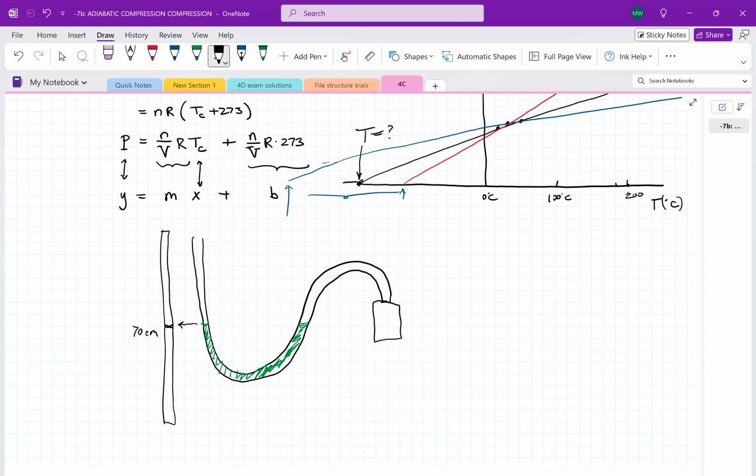Now I'm going to take everything with respect to that measurement, so that if I then dip the canister into a cup of, say, warmer water, what's going to happen then is the temperature of the gas is going to increase, which is going to cause the gas to expand, and it's going to get larger and push the water more. It's more like this.